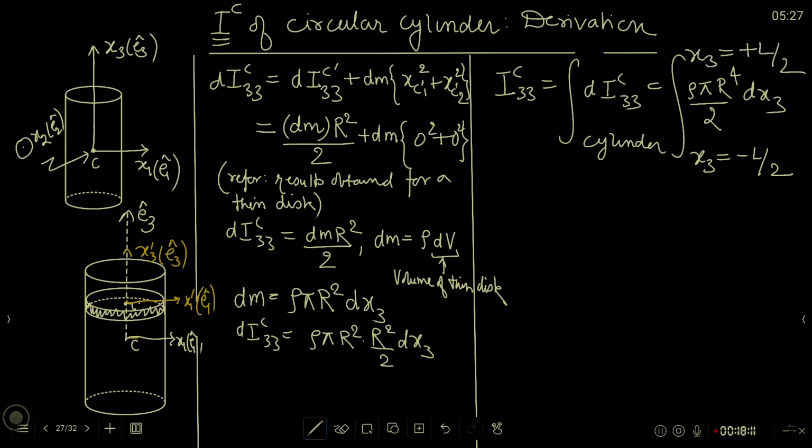As you sweep over this range, you will get the contributions of all these thin disks together. That will make the IC33 of the whole cylinder.